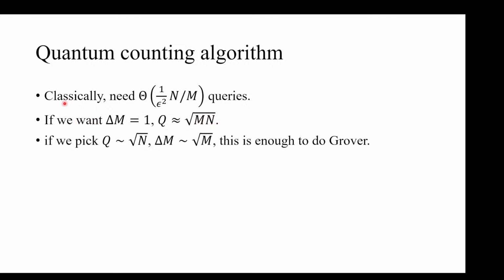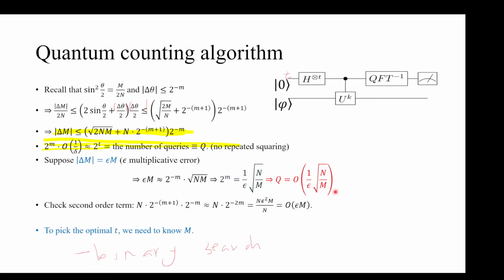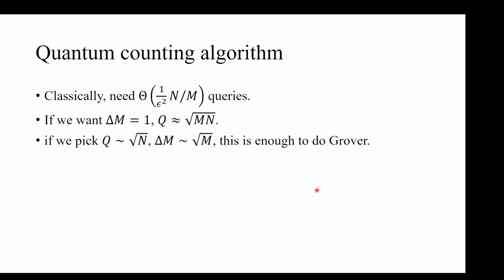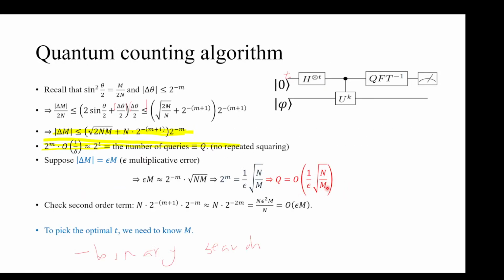Then let's see the case where we want to do Grover: you can pick the number of queries to be something in terms of n. Basically you pick the worst n possible. If you pick q equal to square root n, this basically assumes constant epsilon and n equal to 1.